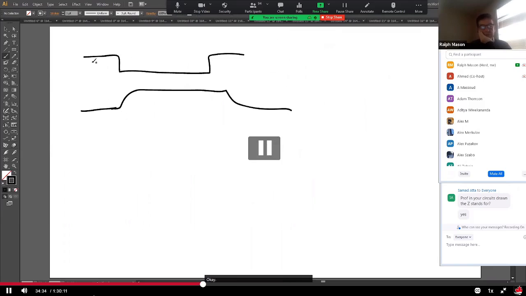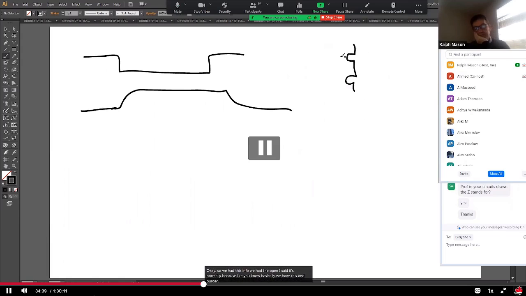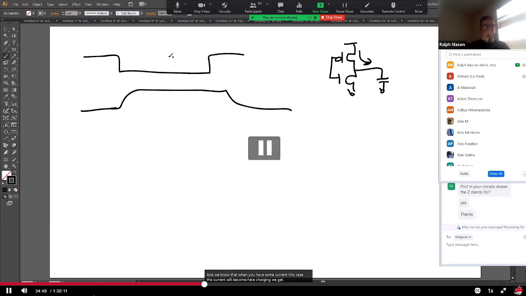Okay, so we had this input, we had the output. Basically we have this inverter charging a capacitor, and when you have some current coming in here charging, we get this exponential, but I'm going to simplify it. I'm going to make these little straight lines. I'm also going to make another assumption: that this input changes really fast.